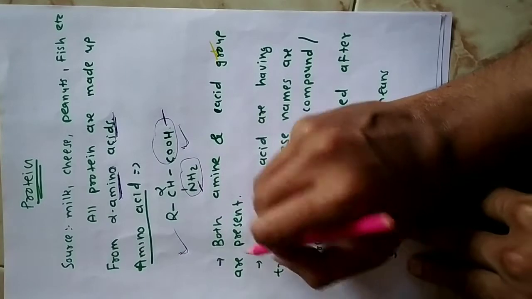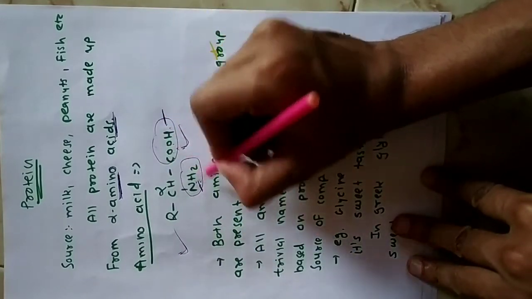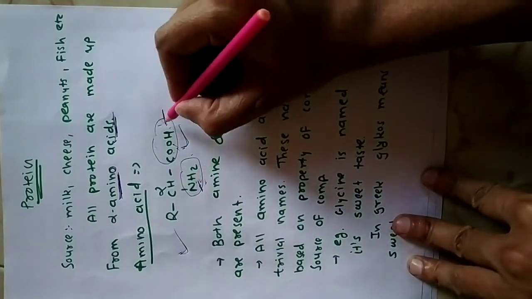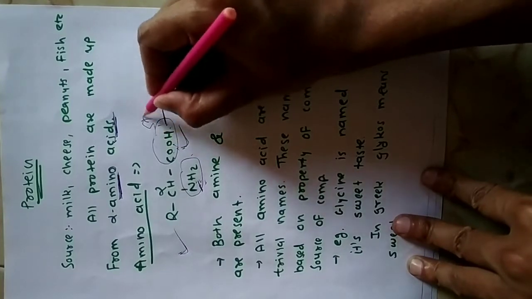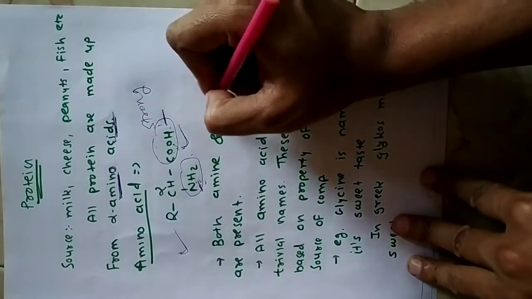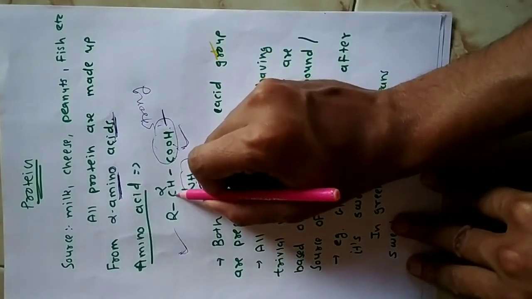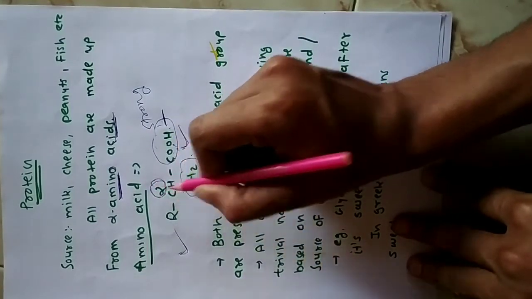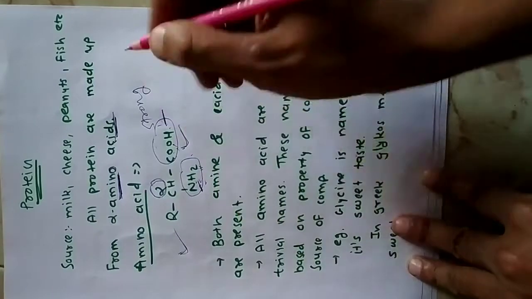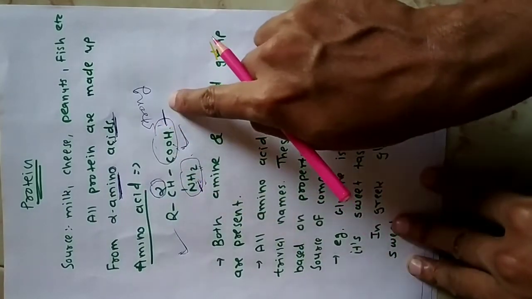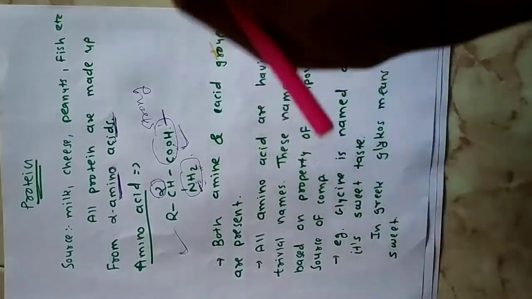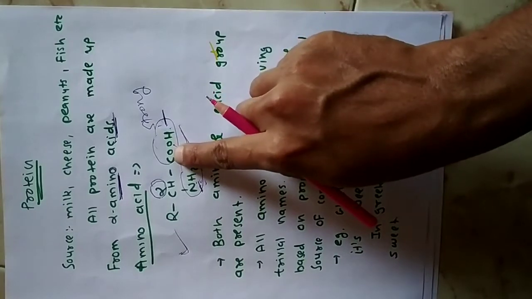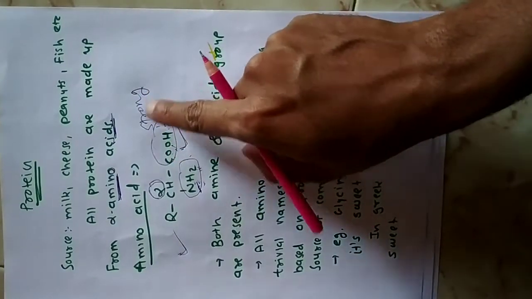In addition to that, you can see that among these two, COOH is the strong group. Adjacent to that, this carbon is there, so it is our alpha carbon, and on the alpha carbon we have NH2, so it is called an alpha amino acid. Again, COOH is our strong group.